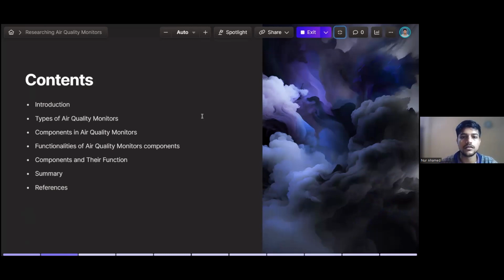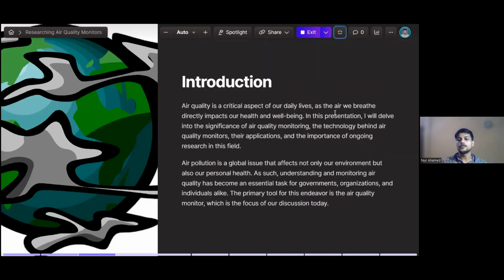So let's begin with the introduction. Air quality is a critical aspect of our daily lives, as the air we breathe directly impacts our health and well-being. In this presentation, I will delve into the significance of air quality monitoring, the technology behind air quality monitors, their applications, and the importance of ongoing research in this field.